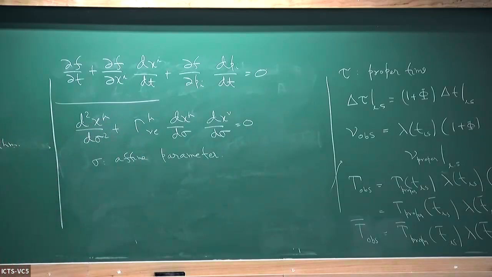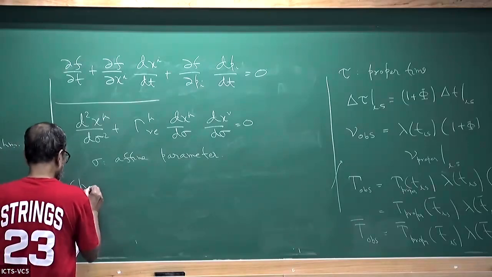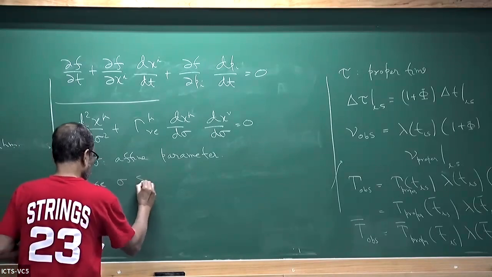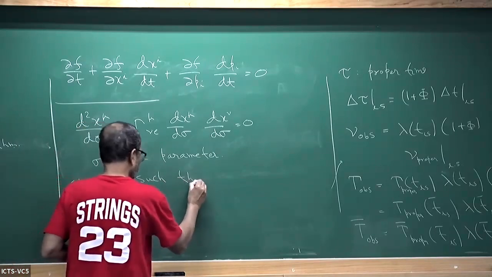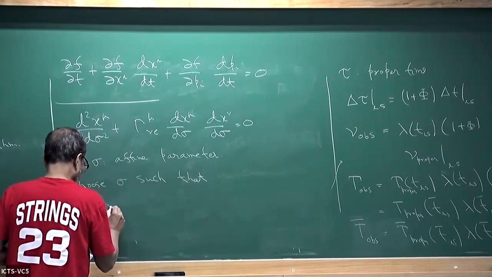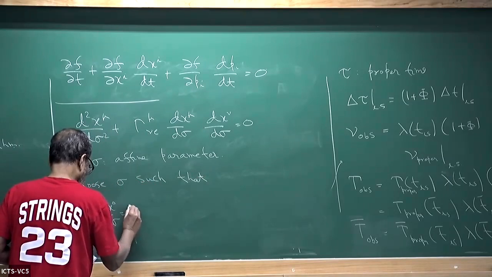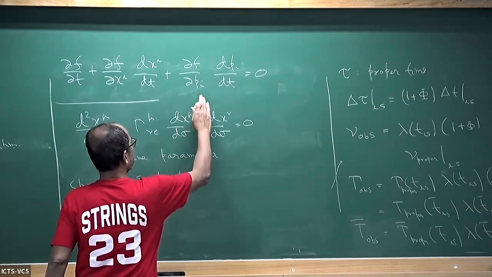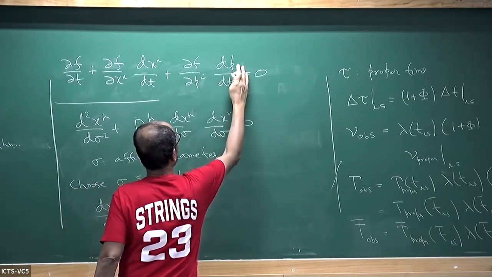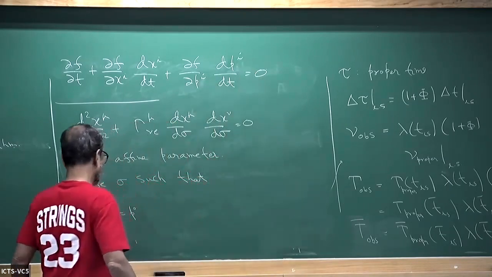For a massive particle, normally we choose sigma so that it's the proper time. For the photon, of course, we cannot choose that, because proper time along the photon trajectory is 0. So what we will do for the photon is that we choose sigma such that, let me put the upper index here, it's P naught.